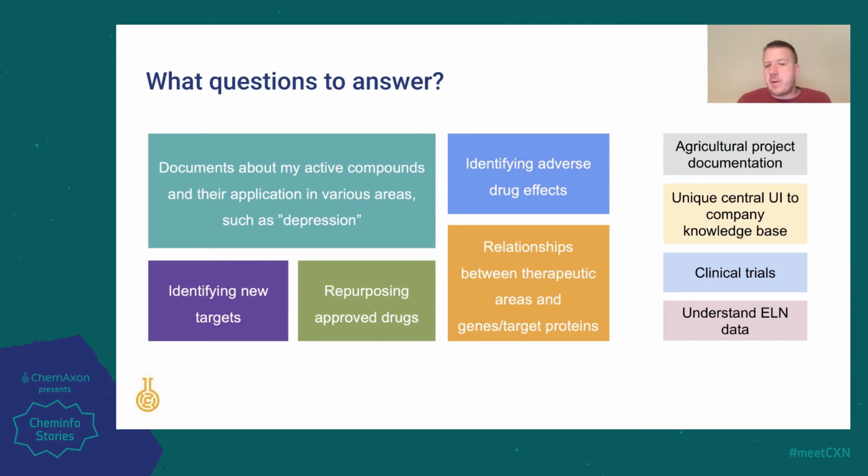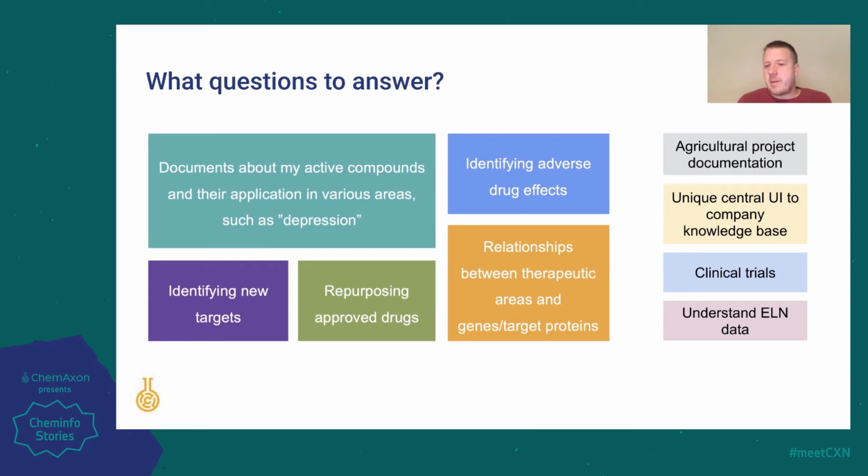It can help to find drug adverse effects, and it can also reveal relationships between documents. But this is for the pharma sector. However, ChemLocator is used outside of the pharma sector as well, like in agricultural projects, where it was part of the project management system, handling project management documentation.